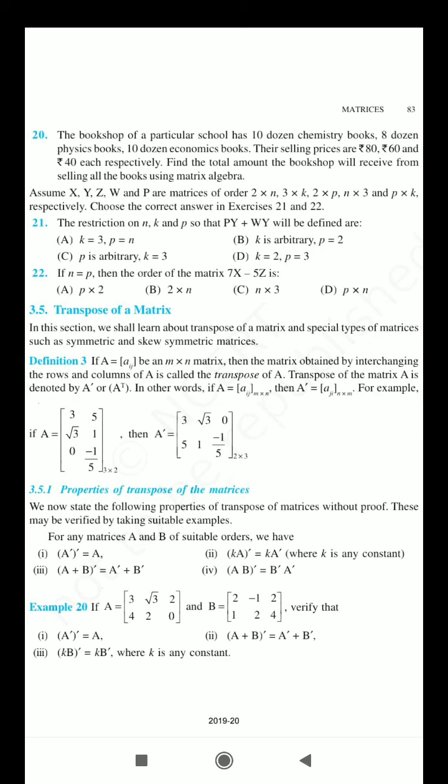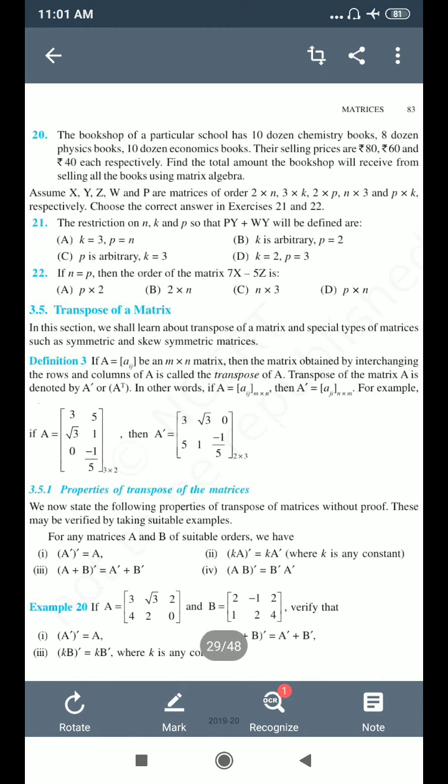The position of elements also changes. This element is A21; in the new matrix it will be A12. This element is A31; in the new matrix it will be A13. So the Aij element of a matrix will become the Aji element in its transpose. If the order of a matrix is 3 into 2, its transpose is 2 into 3.